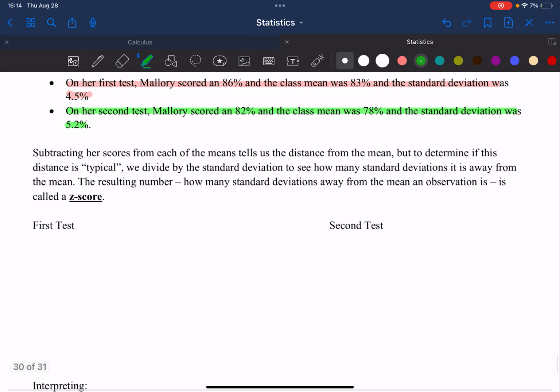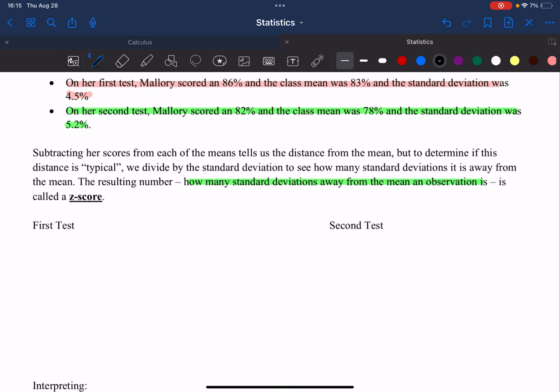So what we're going to do is actually calculate the z-score, or how many standard deviations away from the mean, to determine which score that Mallory got is better based on the different scales for the different scenarios.